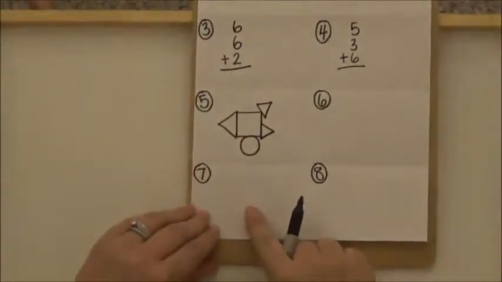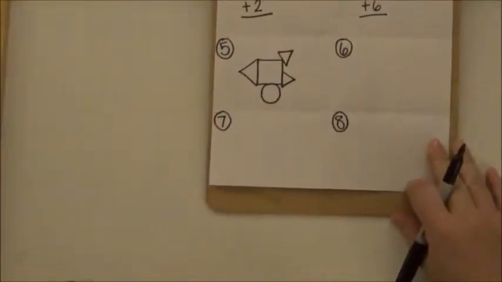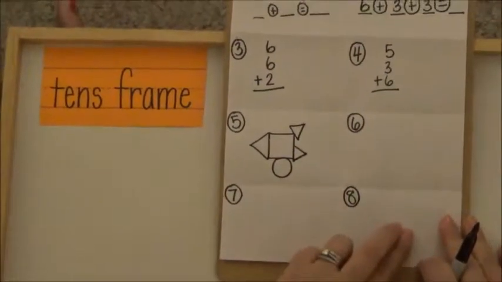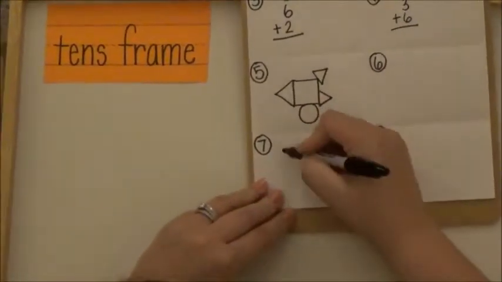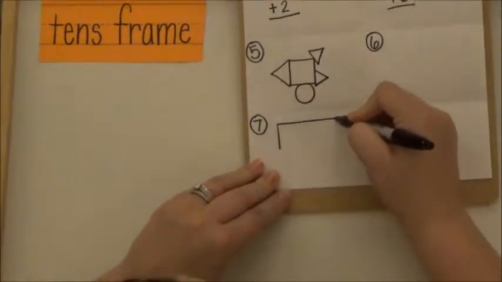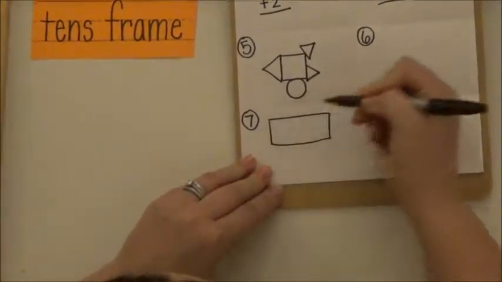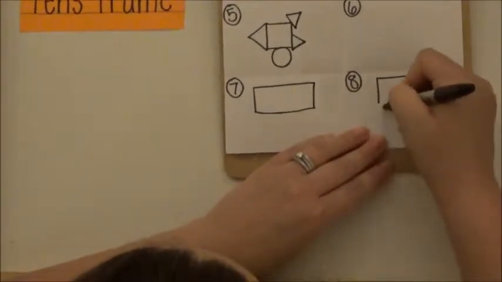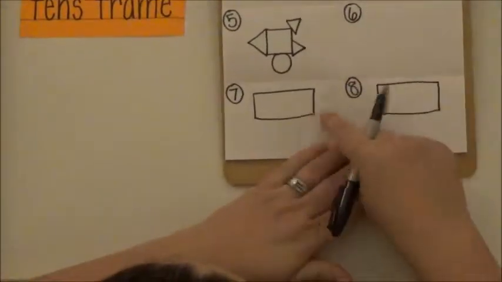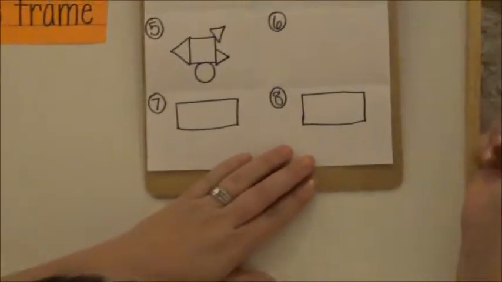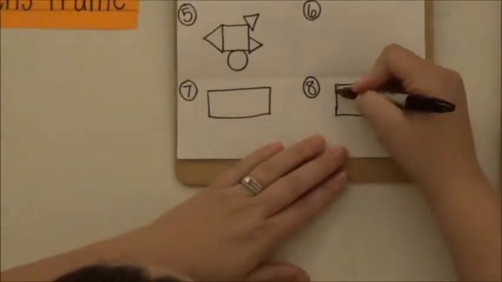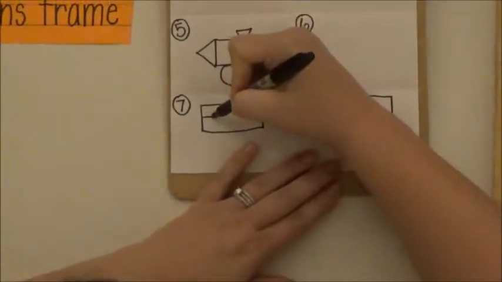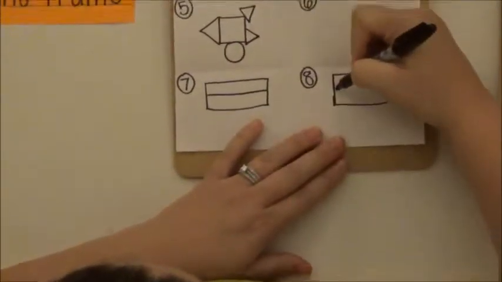Boys and girls, for number 7 and number 8, you are going to draw a tens frame in both of these spaces. To draw a tens frame, first you make a rectangle. So make a rectangle in both of those. Then you are going to draw a line down the middle.